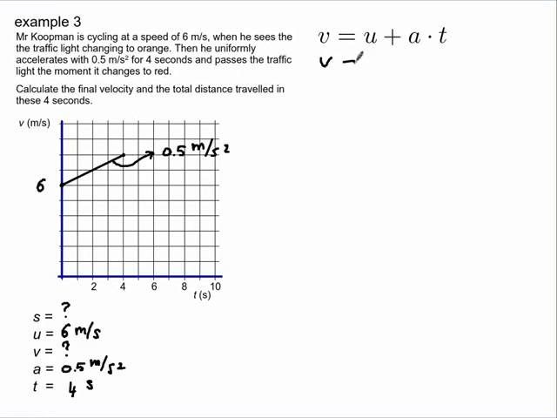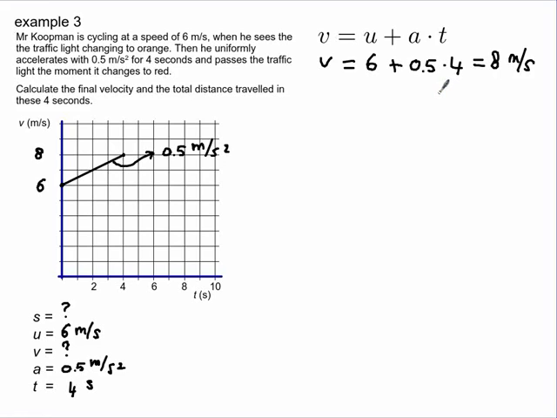V equals 6, the initial velocity, plus 0.5, which was the acceleration, times time taken, equals 8 meters per second. And we can fill this final velocity in our graph. Let's put it up here.